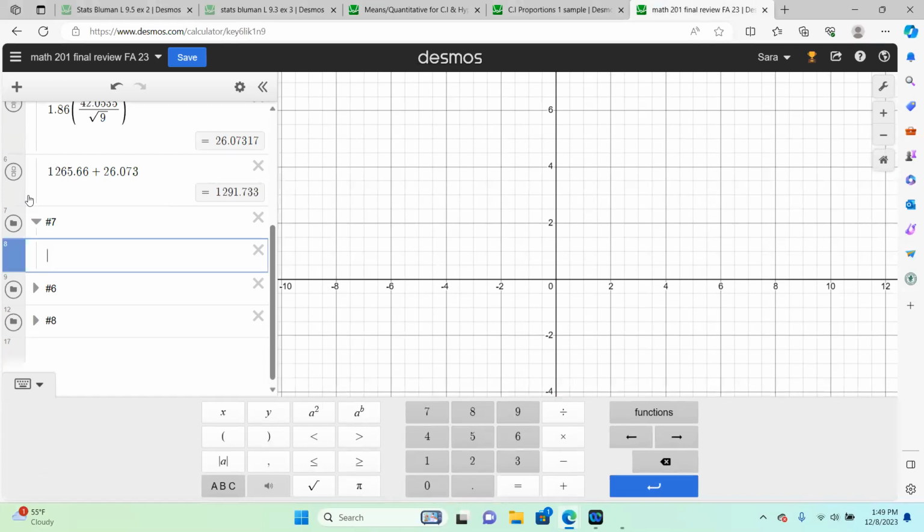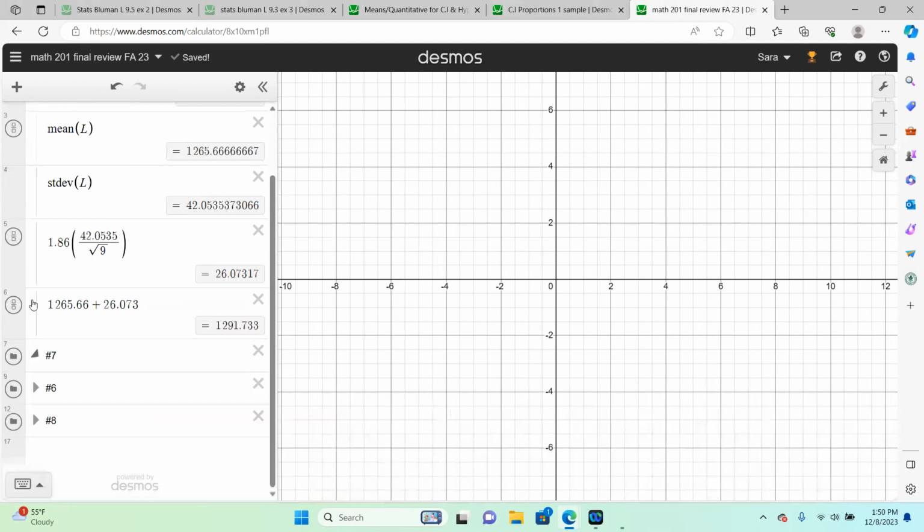Okay, so that means we have 908 plus 155 minus 102. And then we're going to divide that out of the 1575. And so that comes out to be 0.6102 for number 7.